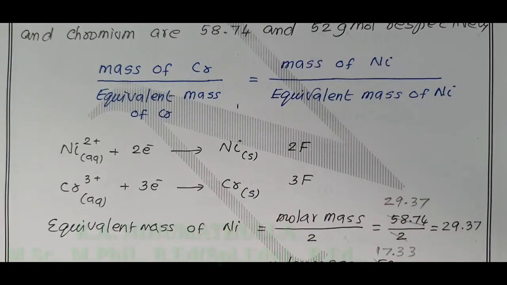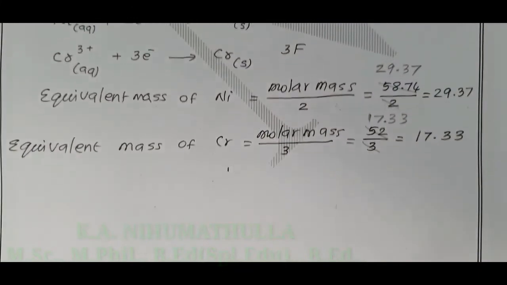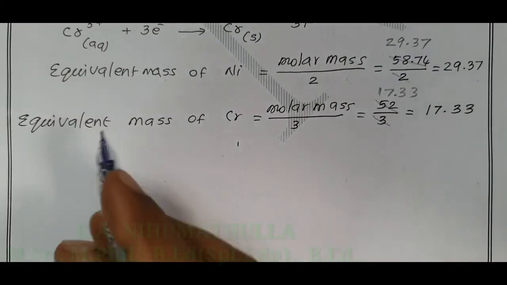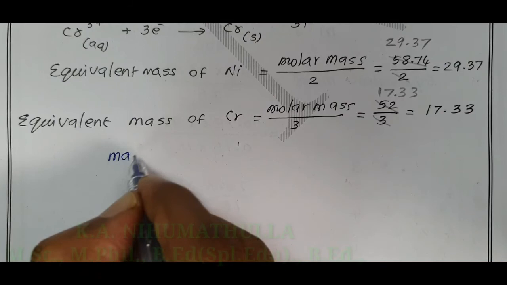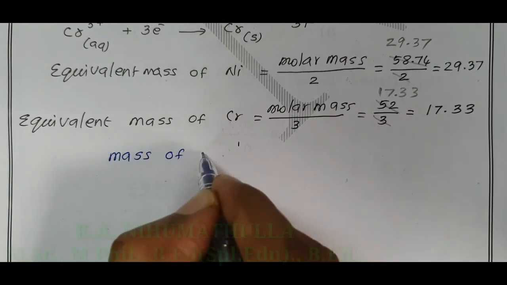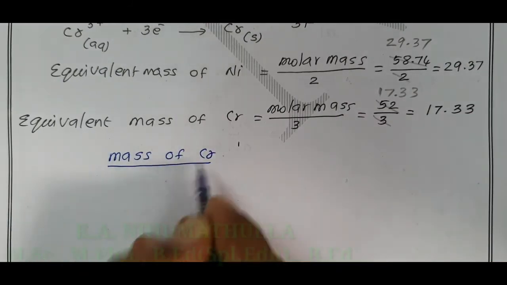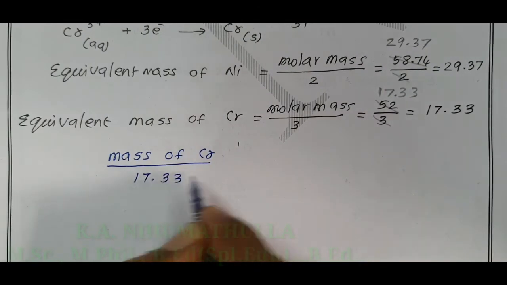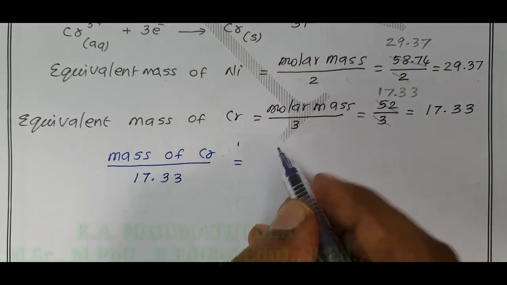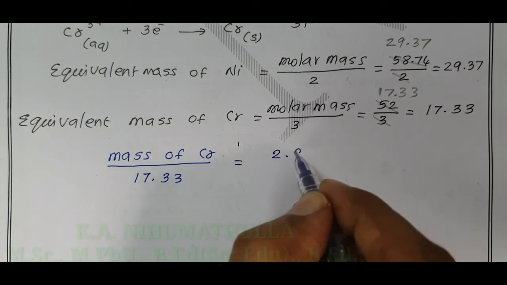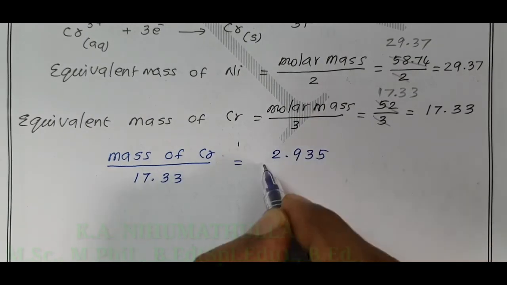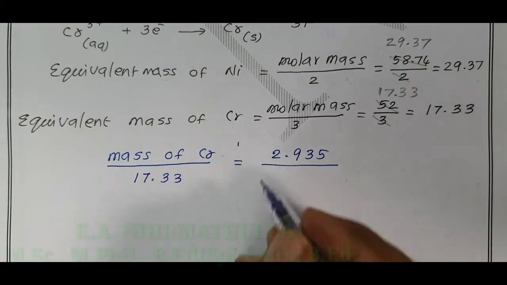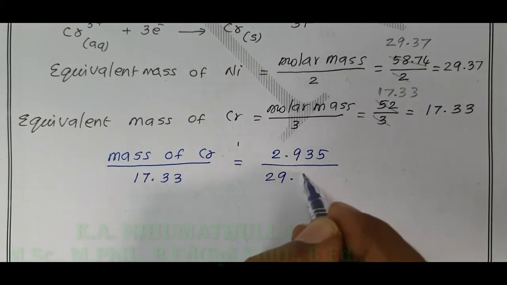We can calculate mass of chromium. So mass of chromium is our question. Mass of chromium divided by equivalent mass of chromium 17.33 is equal to mass of nickel given in our problem, 2.935 gram, by equivalent mass of nickel, 29.37.